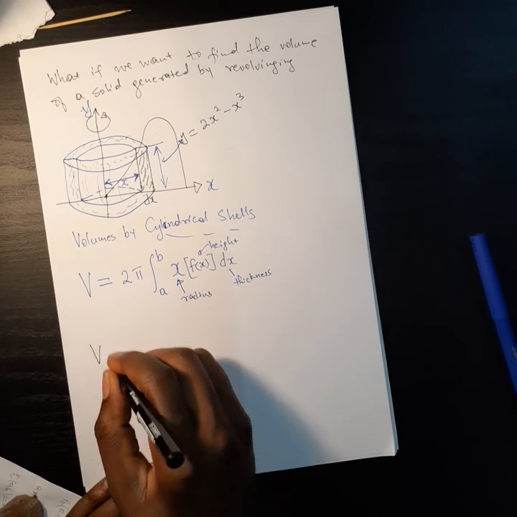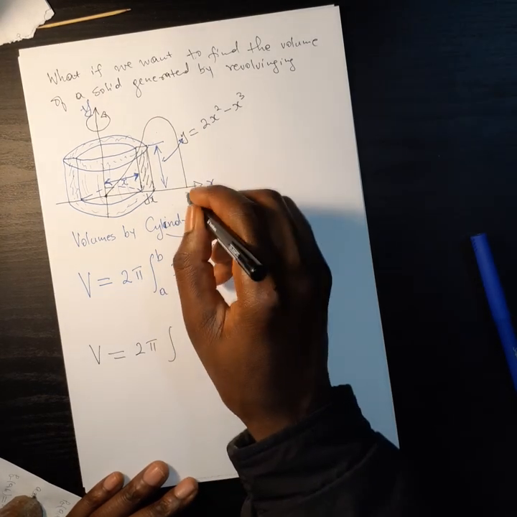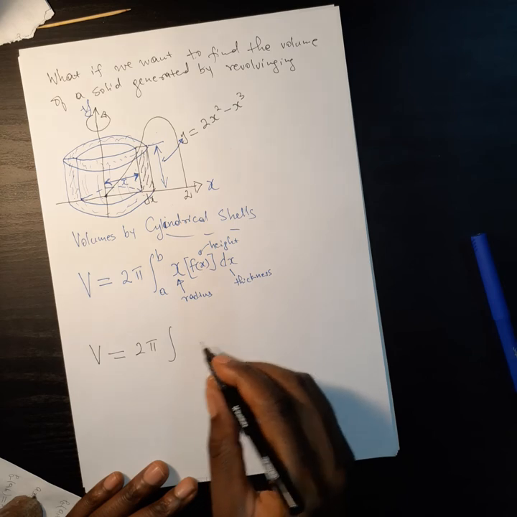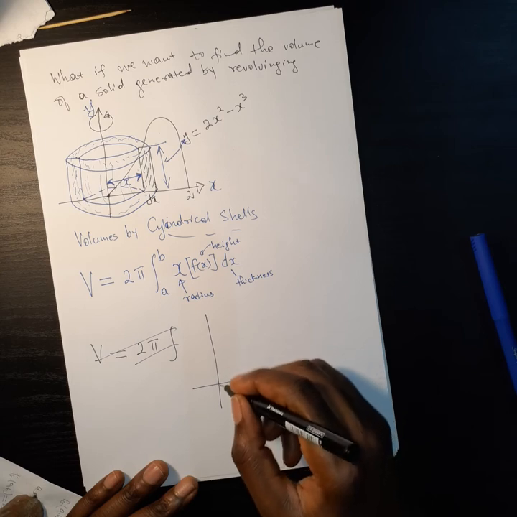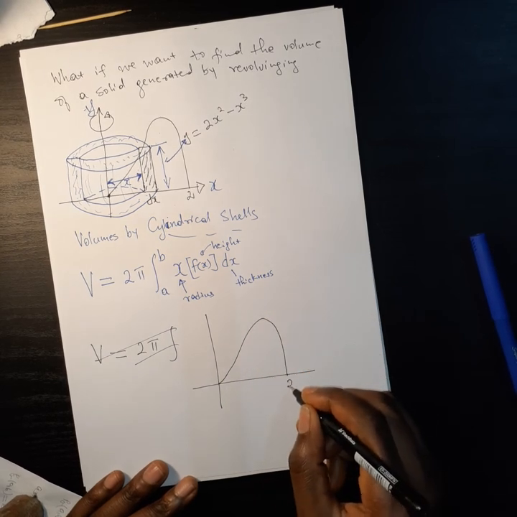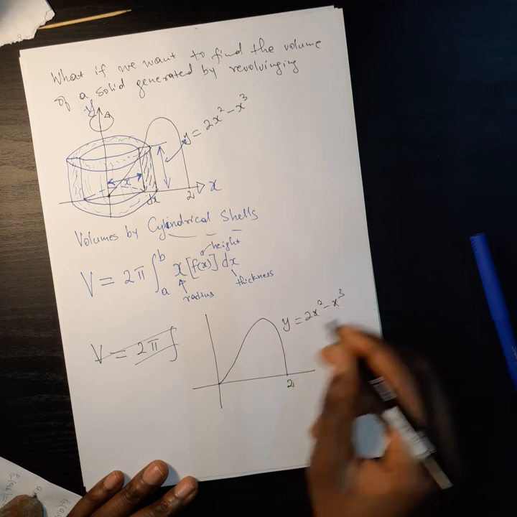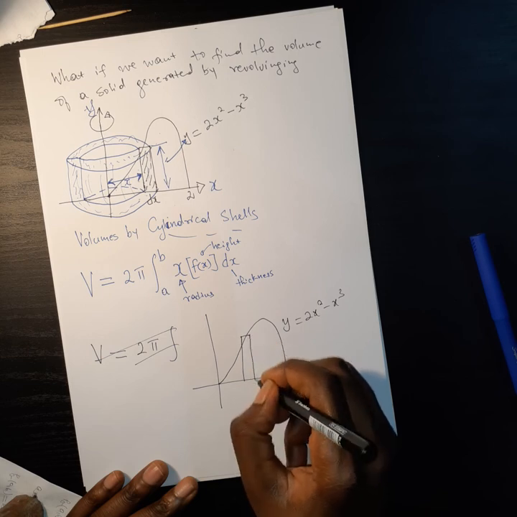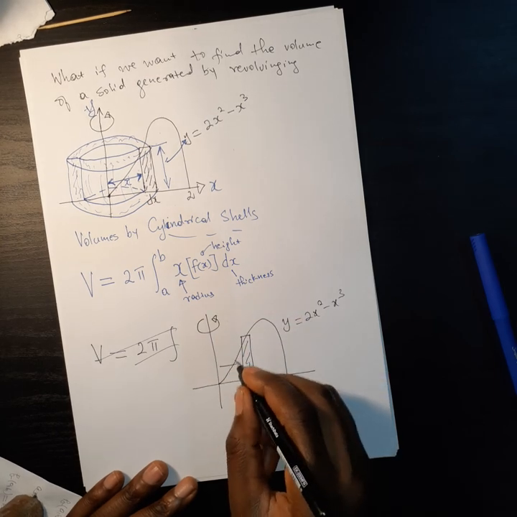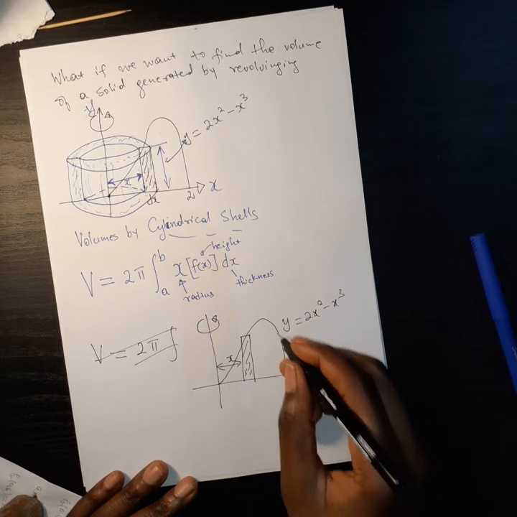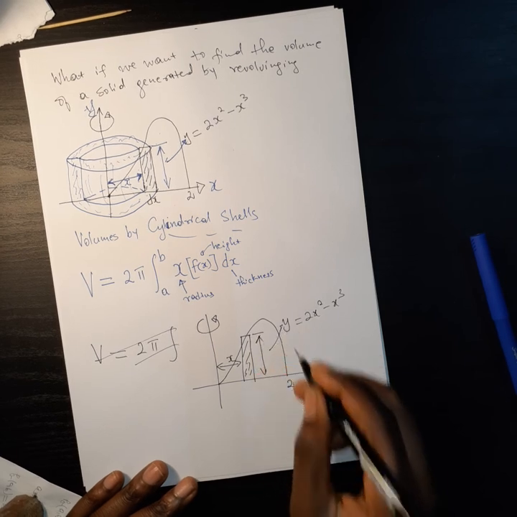So we have said that V equals 2 pi, and then in this case, maybe I should draw it for you again. So what we have is this, our graph is like this, it will cut at 2 here. This is y equal to 2x squared minus x cubed. Then we draw our representative rectangle parallel to the axis of rotation, because we are rotating here. And then we have observed that the radius is just x, the height is just given by that graph.